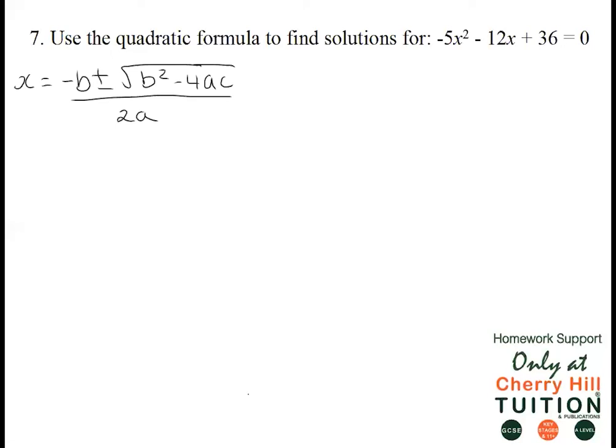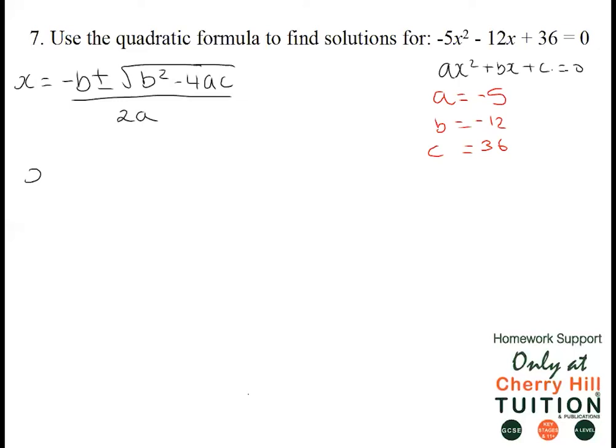The next step is to work out our values of a, b, and c. So a is equal to minus 5, b is equal to minus 12, and c is equal to 36. We now have our values of a, b, and c, and we can plug these into the quadratic formula to find our values of x.